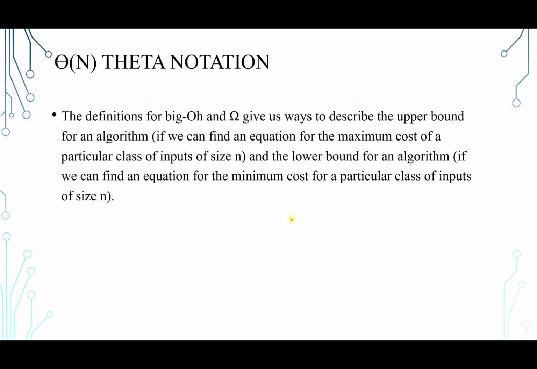So the theta notation is when both the big O and big omega give us the same description in terms of n, like n squared, like n cubed.